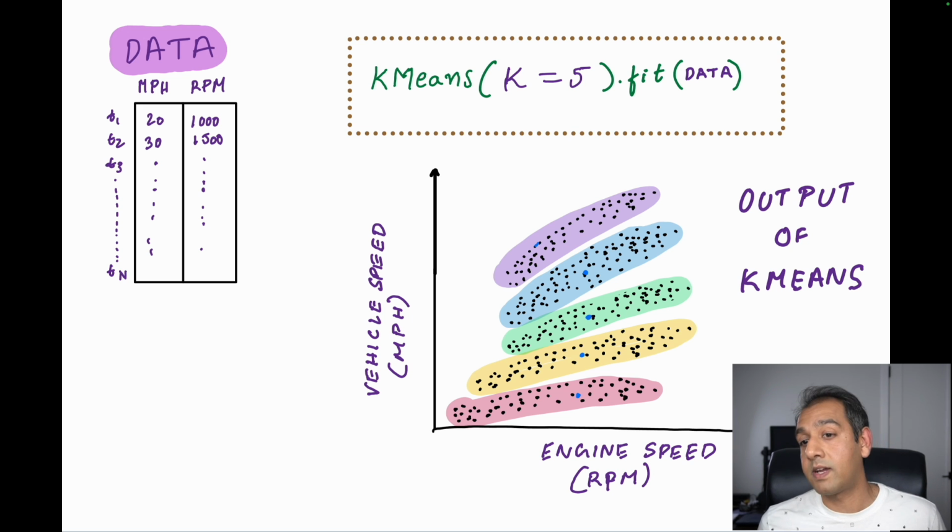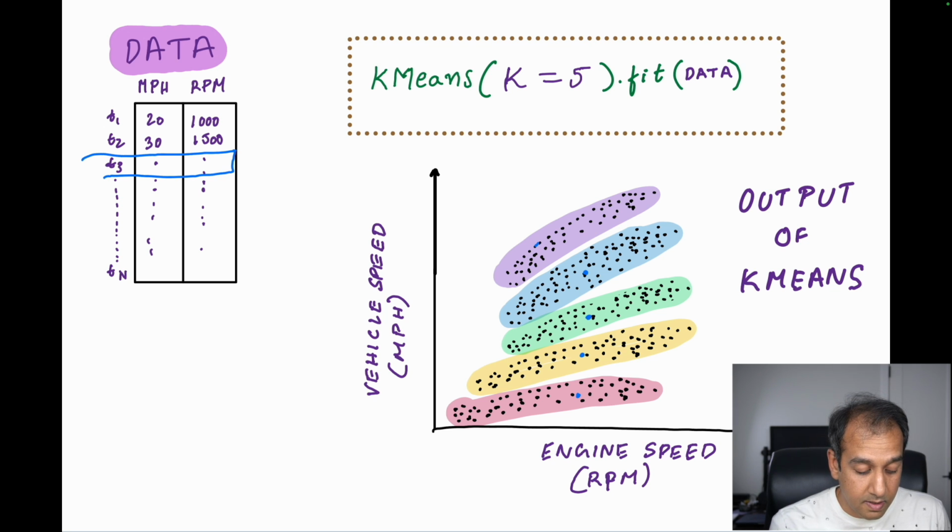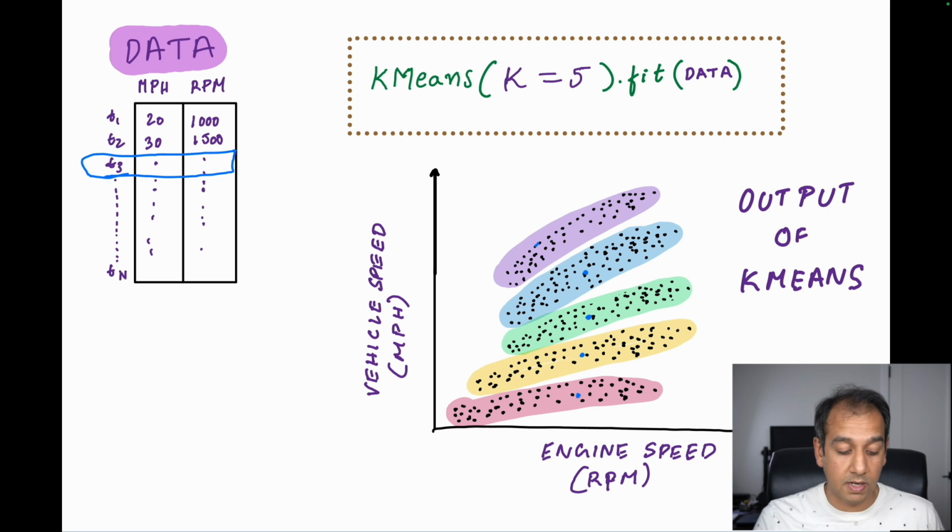Let's say you know there are 5 clusters, and what the algorithm spits out is cluster centroids, these blue dots here, and for each of the samples, represented by these black dots, which cluster they belong to. So k-means clustering will give you that.